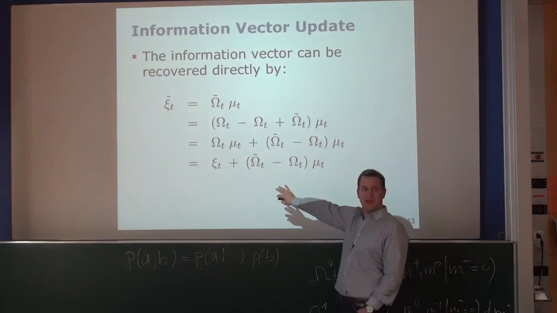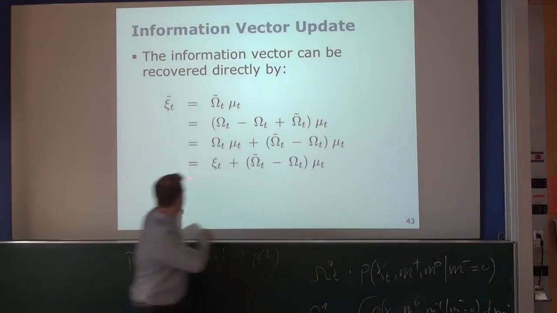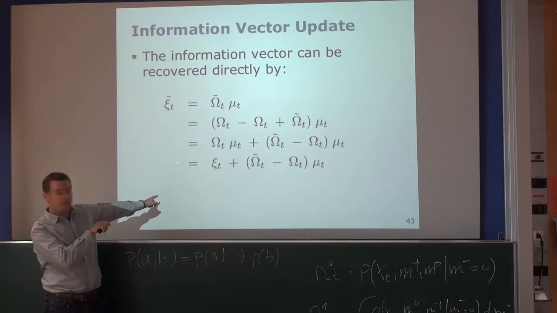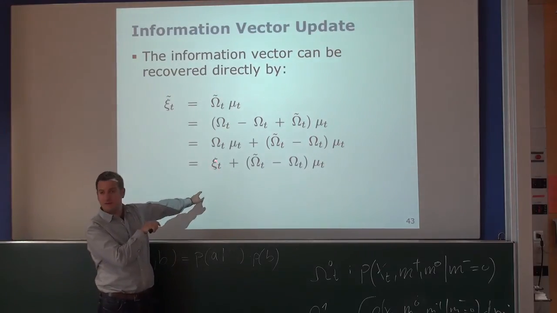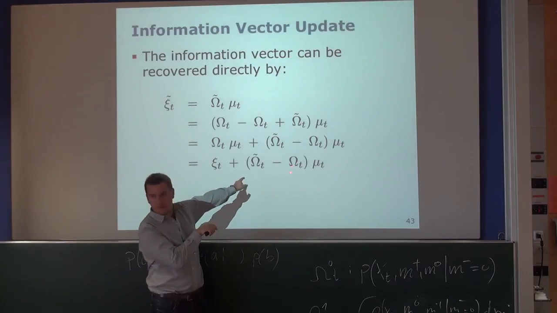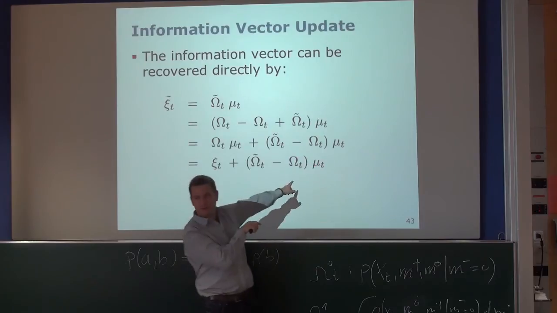If I write it in this way, this can be very efficiently implemented, because what I do here is say the C tilde, which is what I want to compute, is just my old information vector that I had, plus just those elements where the information matrices differ, times some vector.